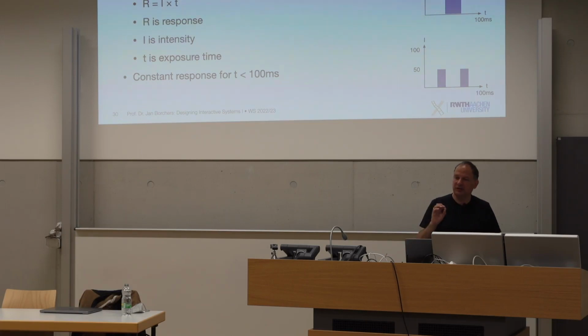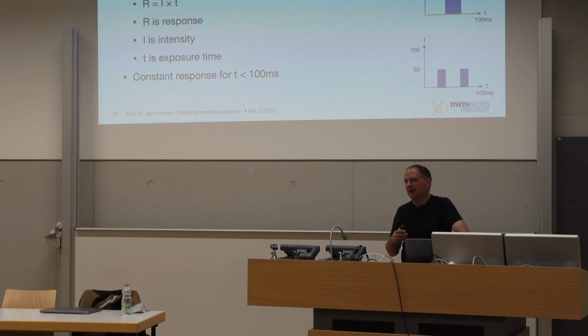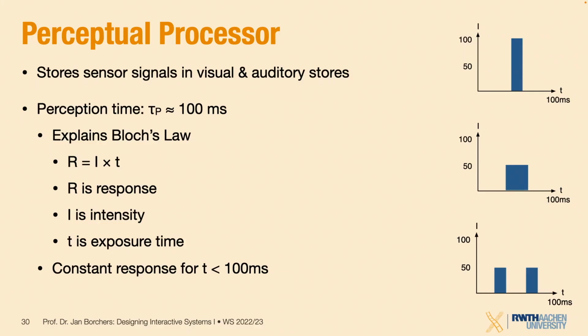I want you to pay attention to this and judge whether you think there is a delay between the first ball hitting the second one and the second one taking off, or whether there is no delay. Is it immediate, like in a physical situation, or is there some kind of pause in between the one ball hitting and the other one taking off? Okay. So here's the first example.